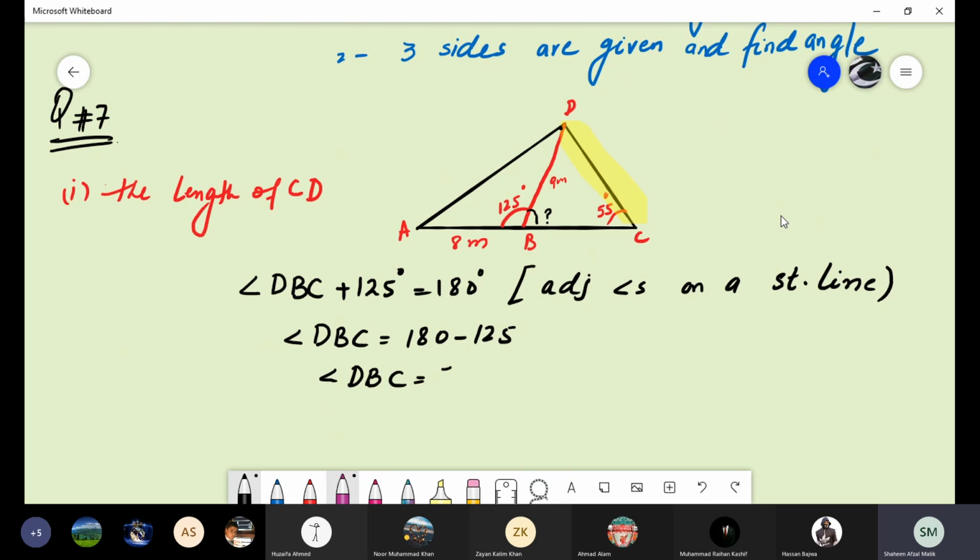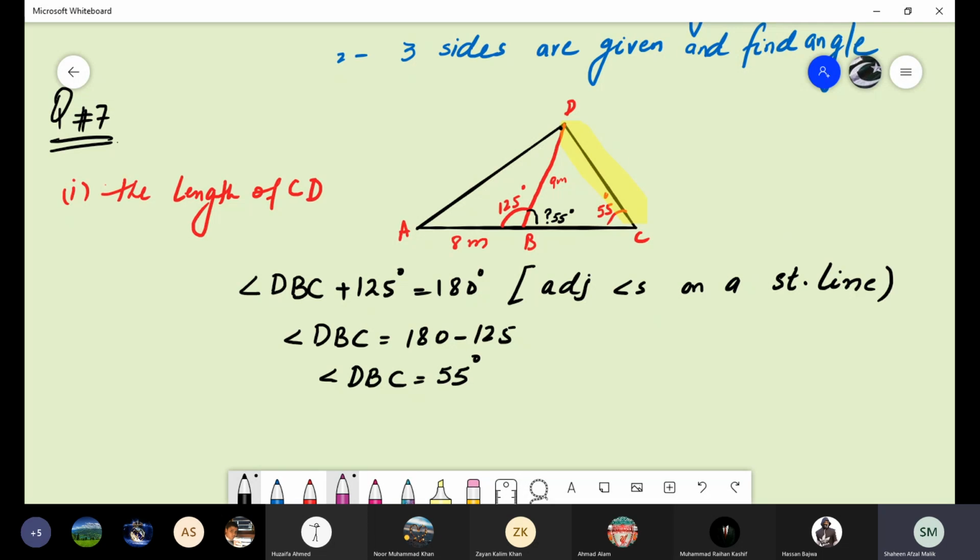Is it 55? When we subtract 125 from 180, 180 minus 125 is 55 degrees. Now we have this angle also 55 degrees.